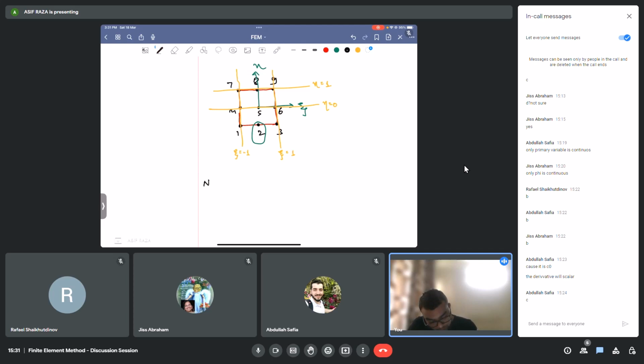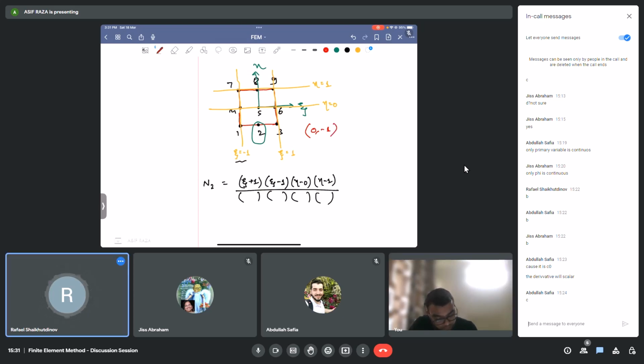So N2 can be written now using these lines itself. This would be xi plus 1, this is xi minus 1, this is eta minus 0, and the last one eta minus 1. Now substitute the value of xi in the same thing. The xi and eta value for node 2 is 0 comma minus 1, right?